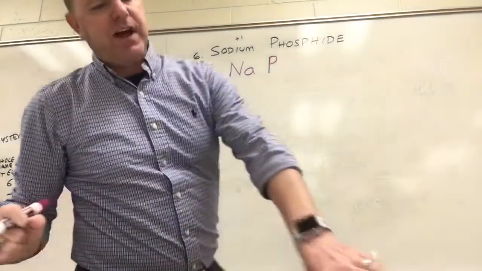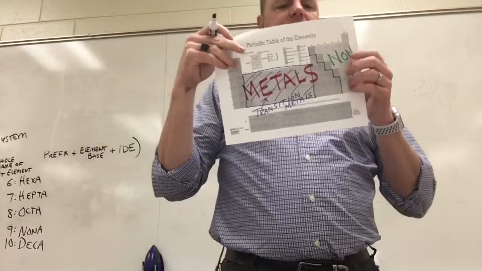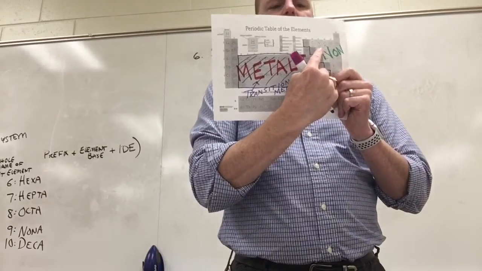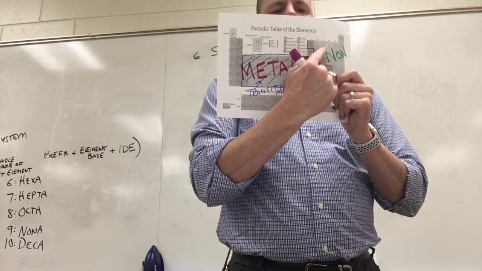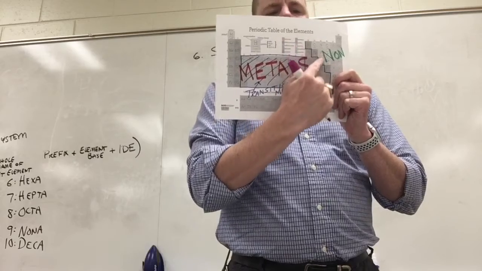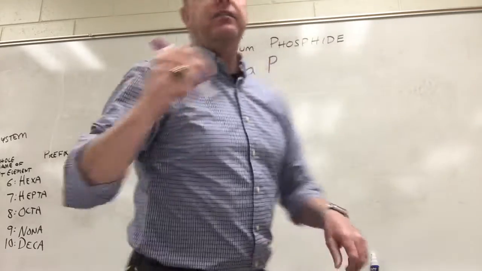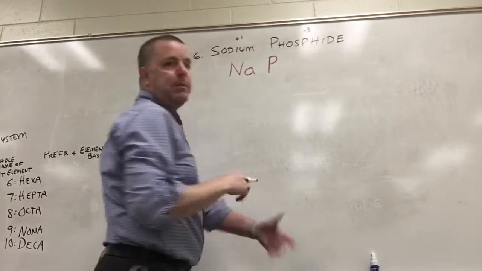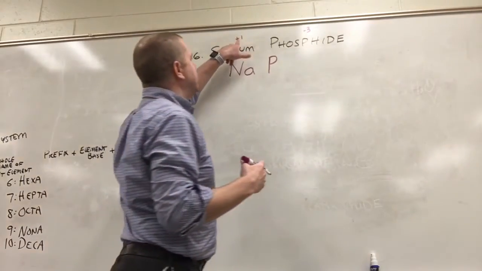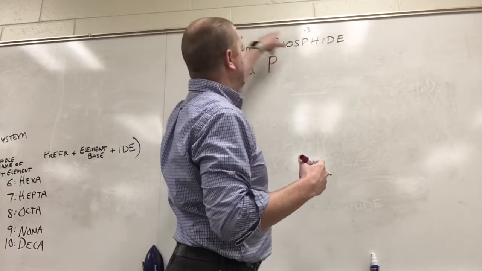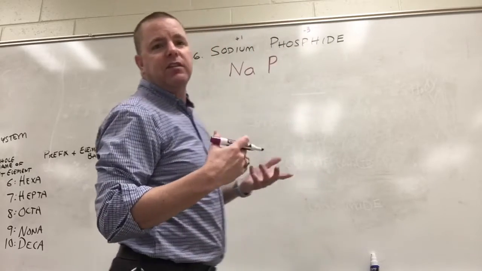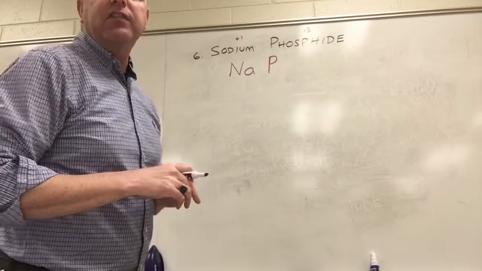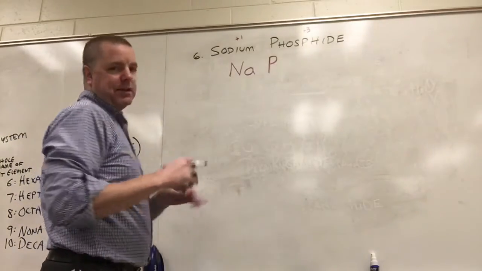Now, if we go find phosphorus on the periodic table, it's right here, okay? And nitrogen and phosphorus and arsenic, these elements right here, they have an oxidation state of -3. So what this means is that one electron is being transferred from sodium to phosphorus, but phosphorus isn't happy about that. Phosphorus says, well, that's not enough for me. I'm looking for 3.